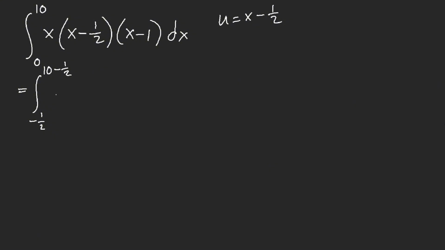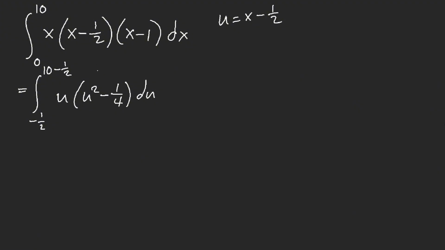And so this is technically u plus a half, u minus a half. So I have u squared minus 1/4. I think that's why I got the wrong answer, because I accidentally wrote it as 1/2, u squared minus 1/2. But essentially, this is supposed to be u squared minus 1/4.